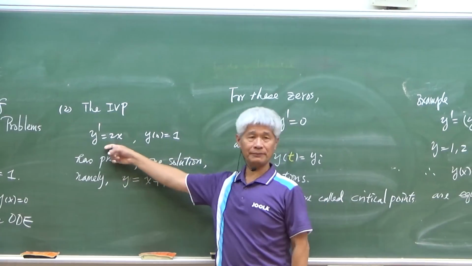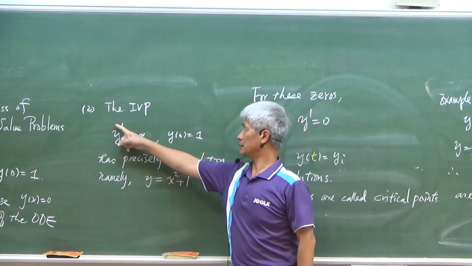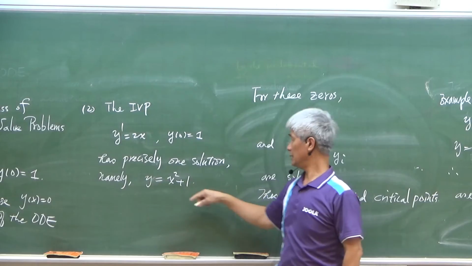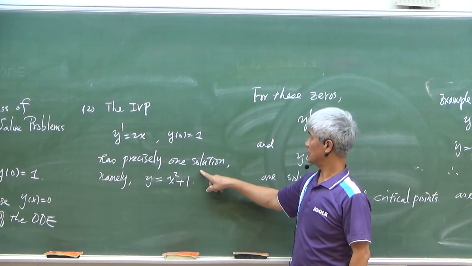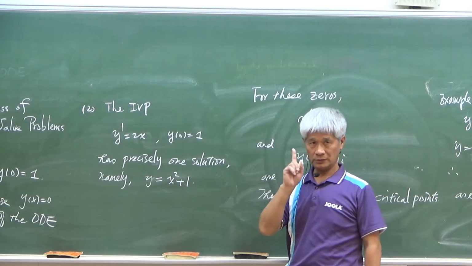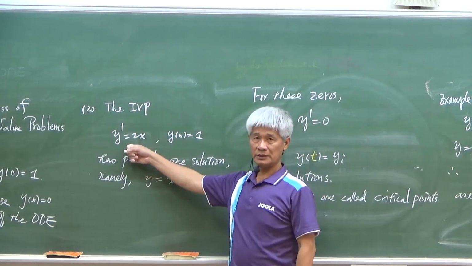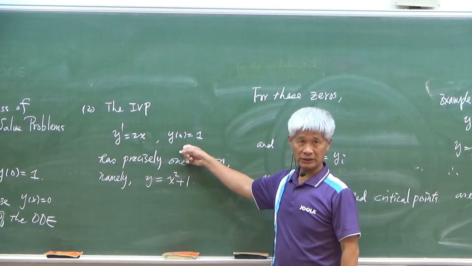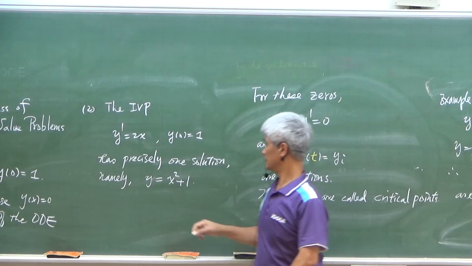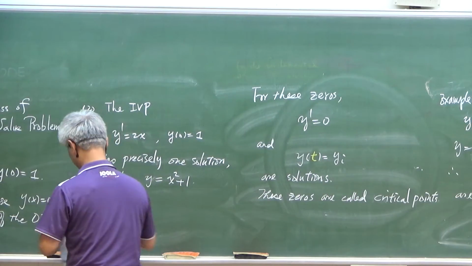It is very simple. You just take the integration. And so you can find one and only one solution to satisfy this ODE as well as the initial condition. The third example.